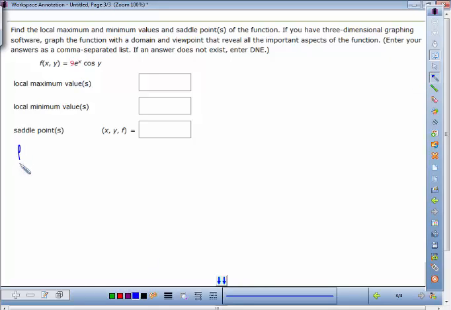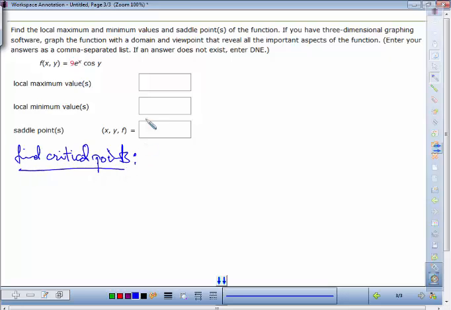So let's find the critical points. We do that by finding the derivatives and then setting them equal to 0.